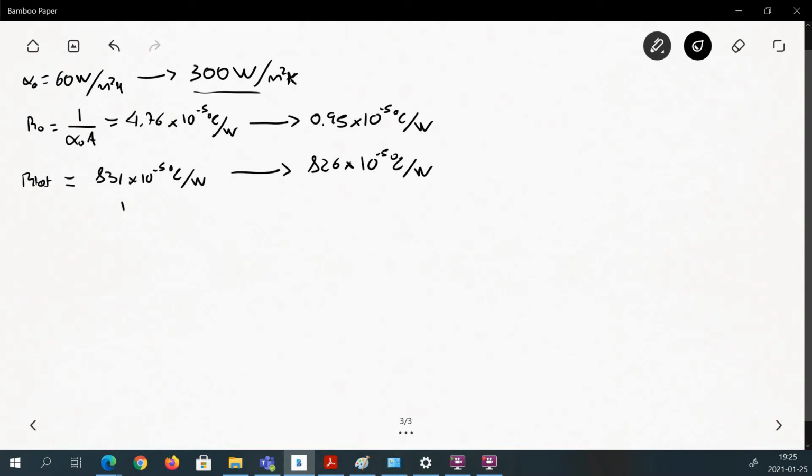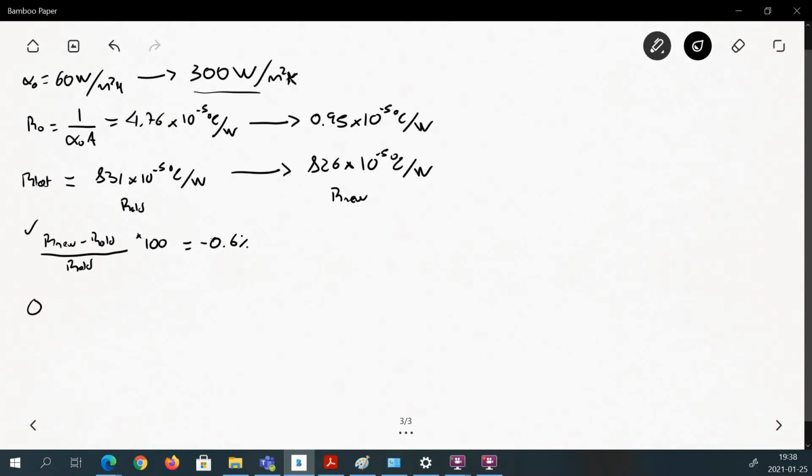We are going to call this R old, and then this one R new. So R new minus R old over R old times 100 will give us about minus 0.6% when we just replace these values into this equation.